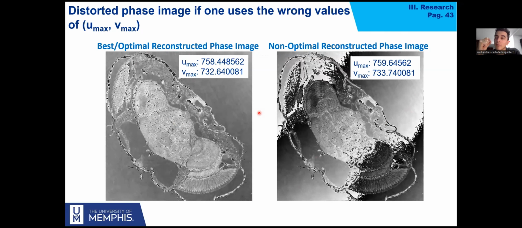The problem is a huge problem because let's compare these numbers. In general, in some cases it's just necessary a 0.5 difference between the pixels to obtain the optimal reconstruction versus the non-optimal reconstruction. Definitely, this is a problem.